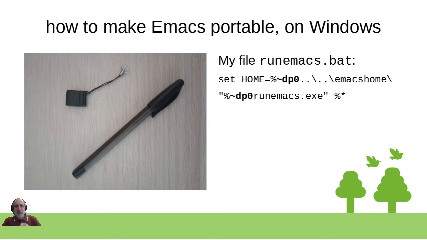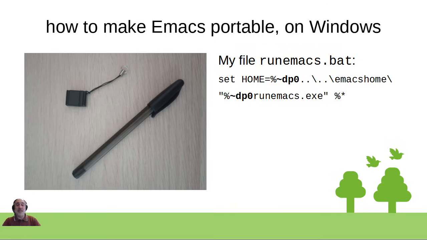The trick here is the not so well known %~dp0 system variable that contains the execution directory full path of the executable file. And yes, it ends with a backslash, so composing it with other literal paths is ugly as well.